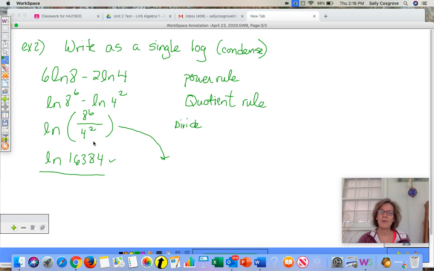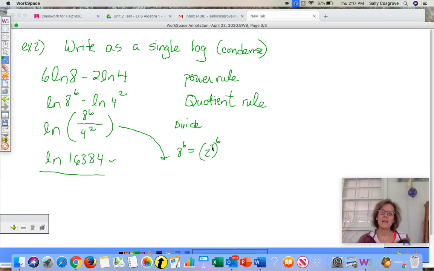So bear with me. Over here, we're going to do some side business. You should recognize that 8 and 4 are both multiples of 2, and therefore you can write with 2 as the base. So another way to write 8 is 2 to the 3rd. So 8 to the 6th is the same as 2 to the 3rd to the 6th, isn't it?